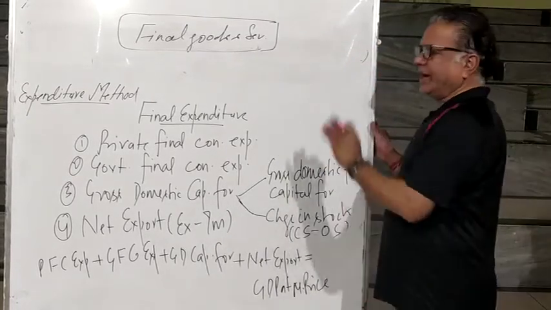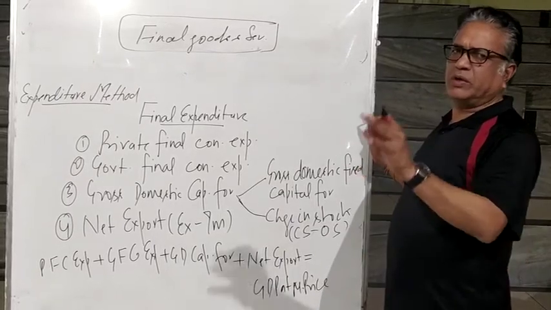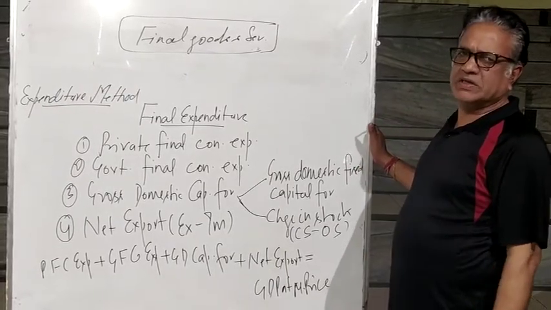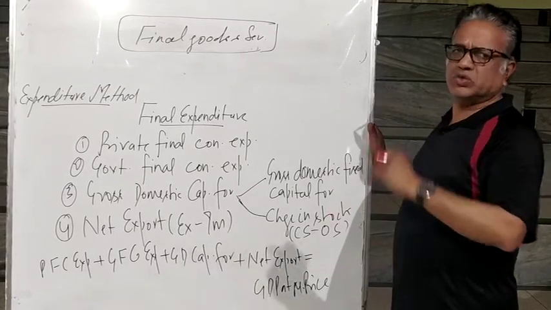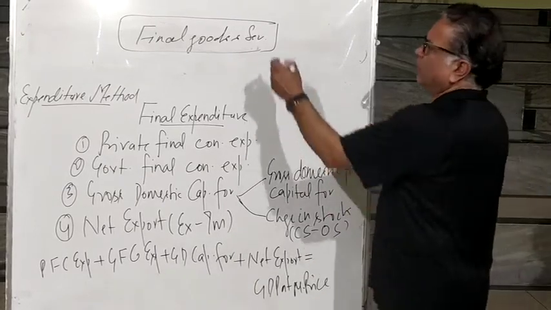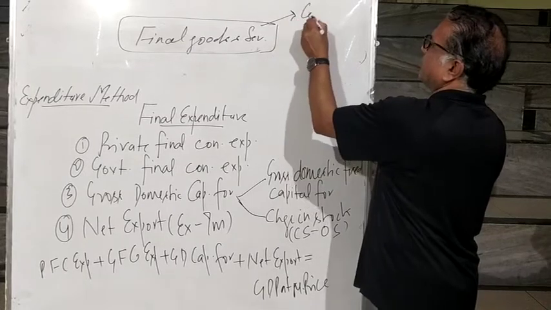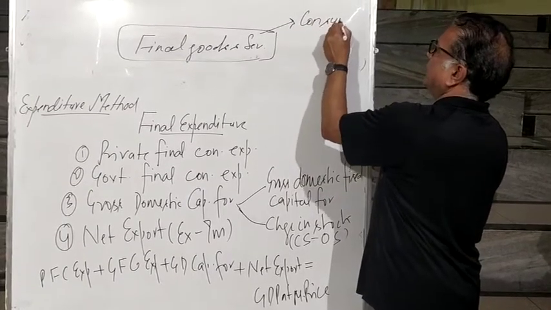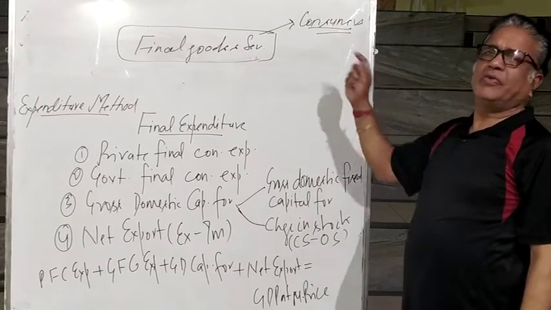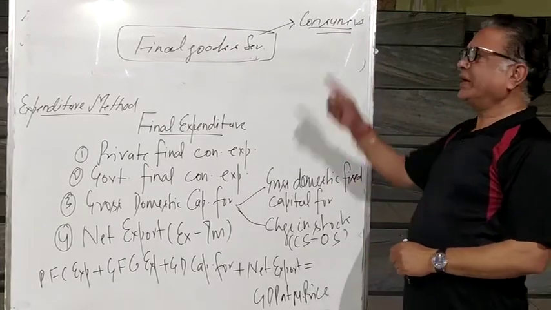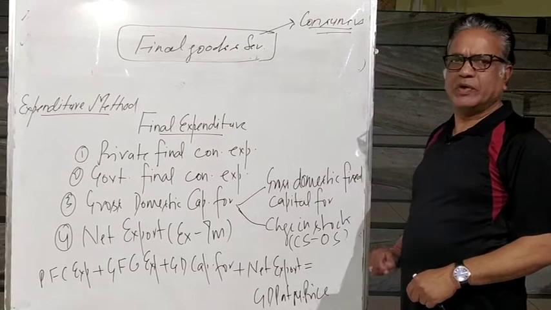If you move inside the country and you look into the different final goods and services, then just think over who is going to purchase those goods and services. Number one, final goods and services are purchased by the consumers. What is the objective of purchasing by the consumer? Consumption, right?